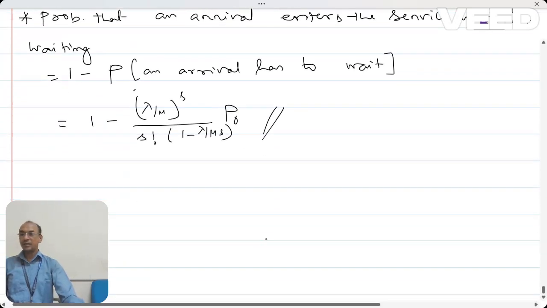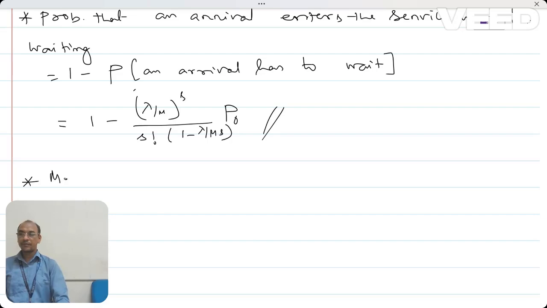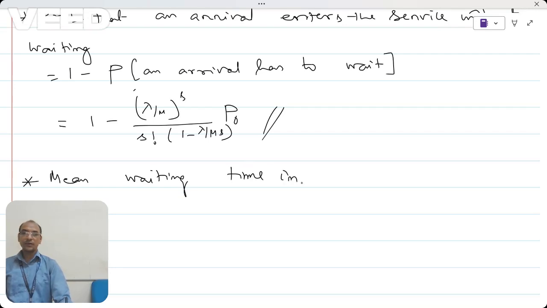And then the next characteristic is the mean waiting time in the queue for those who actually wait.